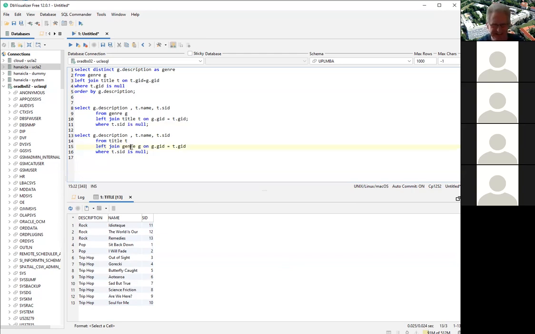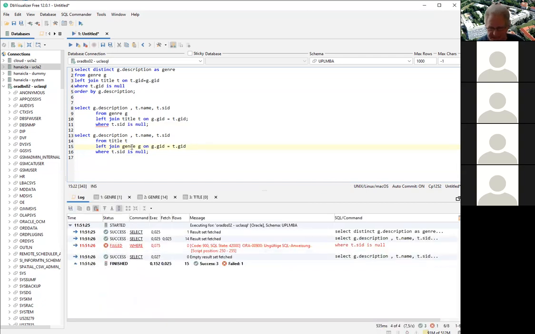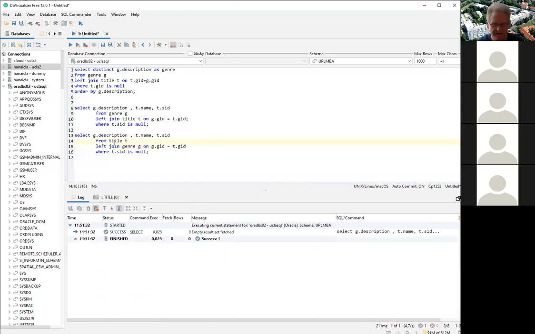So let's first take the left join here, and once again here. Actually we got no result because every TSID is non-null. That's definitely what we would like to have.